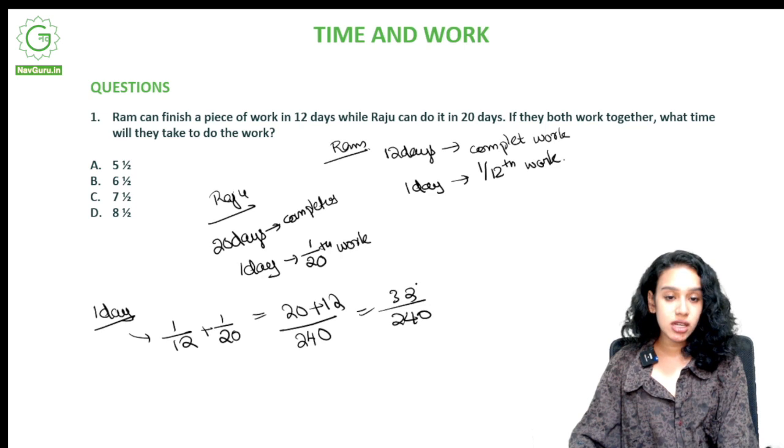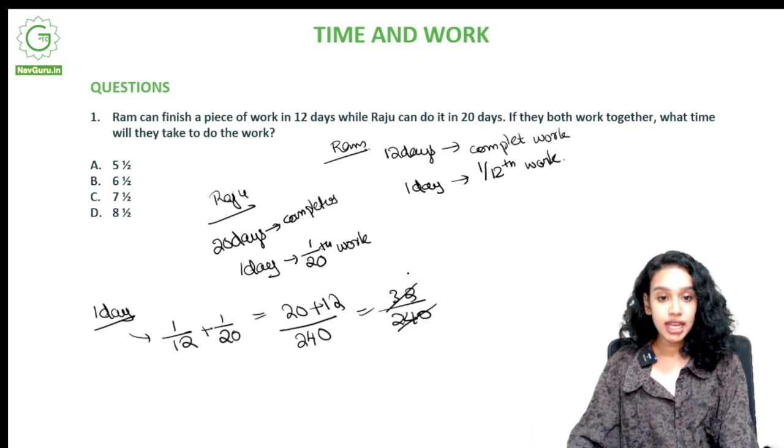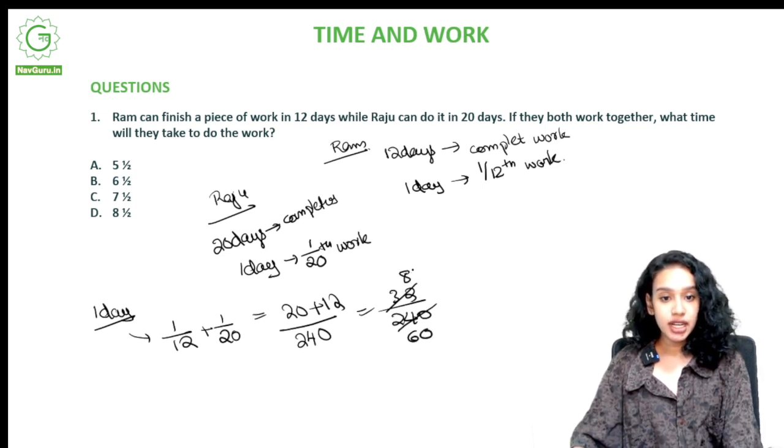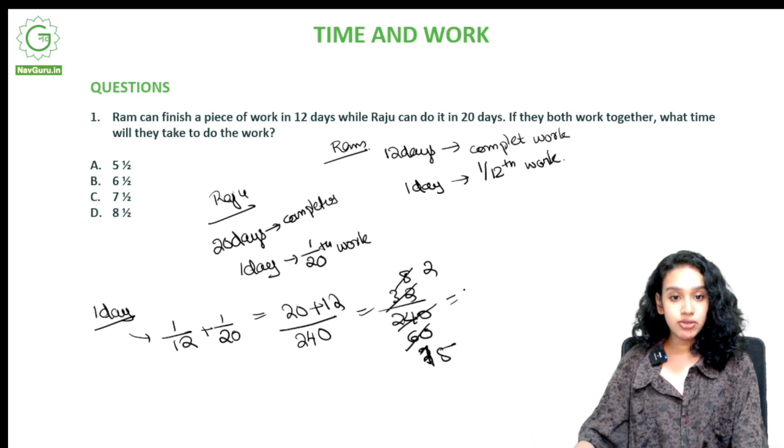We could cancel this by 4: 8 4s are 32, and 6 4s are 24... Again, let's cancel by 2: 4 2s are 8, and 4 5s are 20. So 2/15 of the work is completed in one day.